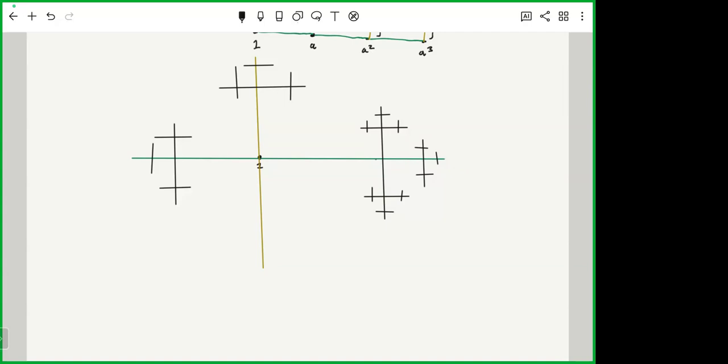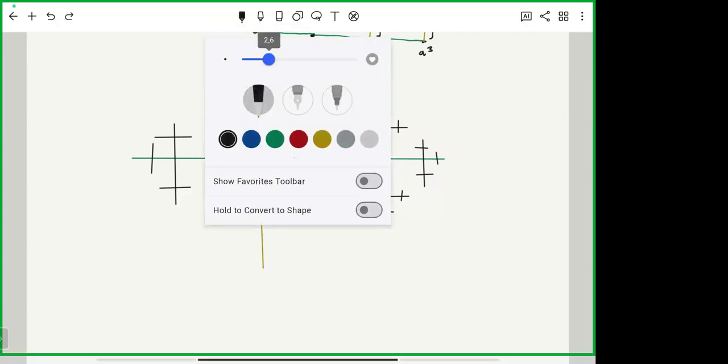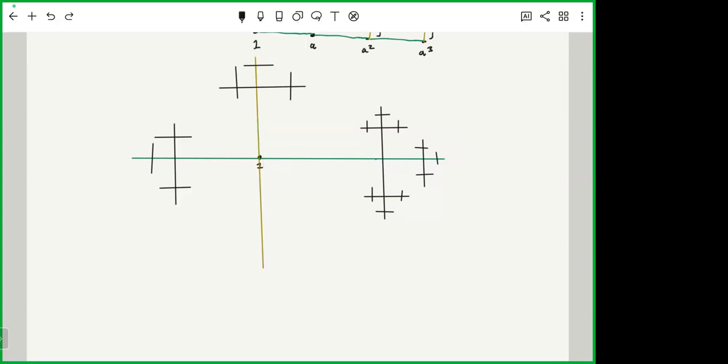What do I mean by that? Here is A, then I can go to AB here, then I can go to ABA and so on.